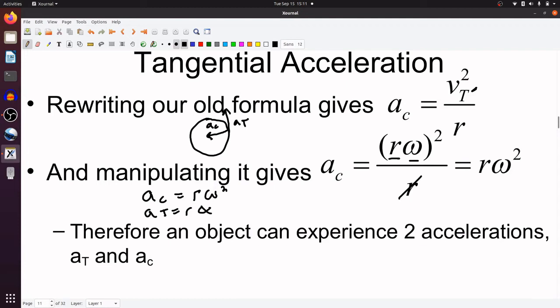And so we could figure out the overall acceleration by using something like the Pythagorean theorem to find our total acceleration, which isn't going to be along either one, it's going to be somewhere right along here. So we have multiple different accelerations going on, two different accelerations, that's kind of the new thing here.